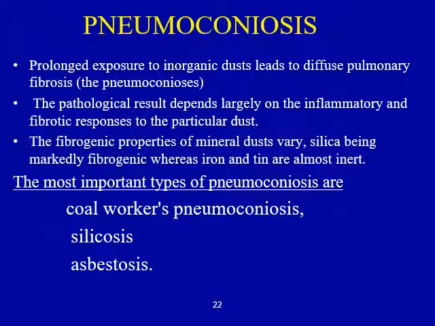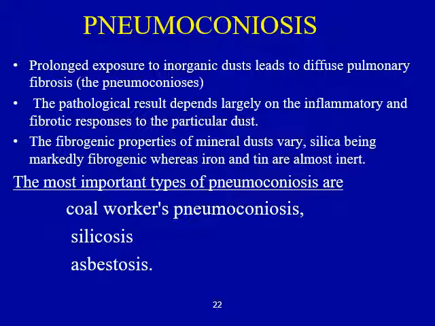We come to the other disease, called pneumoconiosis. What is pneumoconiosis? Prolonged exposure for years to inorganic dust leads to diffuse pulmonary fibrosis. This is called pneumoconiosis. The pathological result depends largely on the inflammatory and fibrotic response to the particular dust.